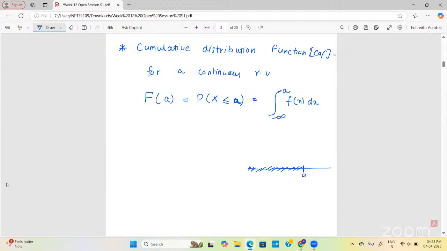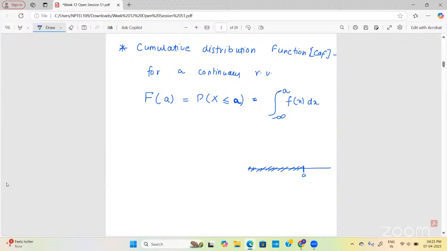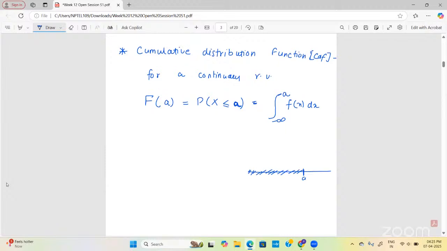Okay, and here I am writing it in a general form. If you are given a particular distribution, then we have to see the range according to the distribution it follows. So if you see different continuous distributions, like uniform distribution or exponential distribution, you will have to see what the lower limit is for that particular distribution, and we will use that limit.